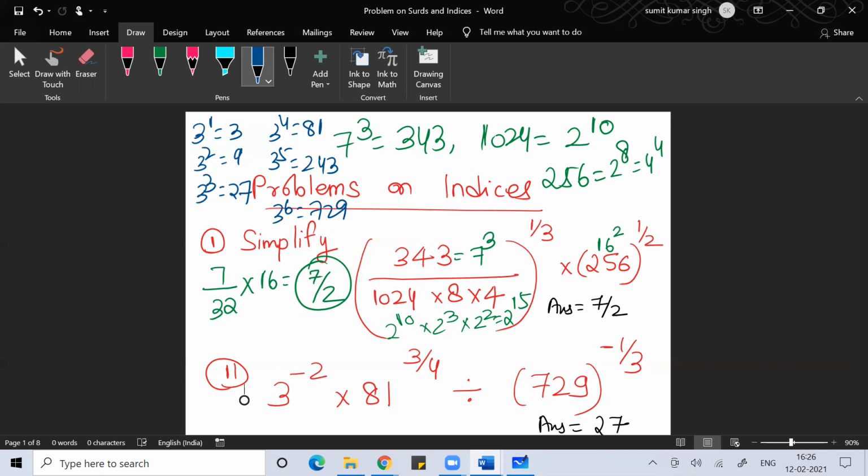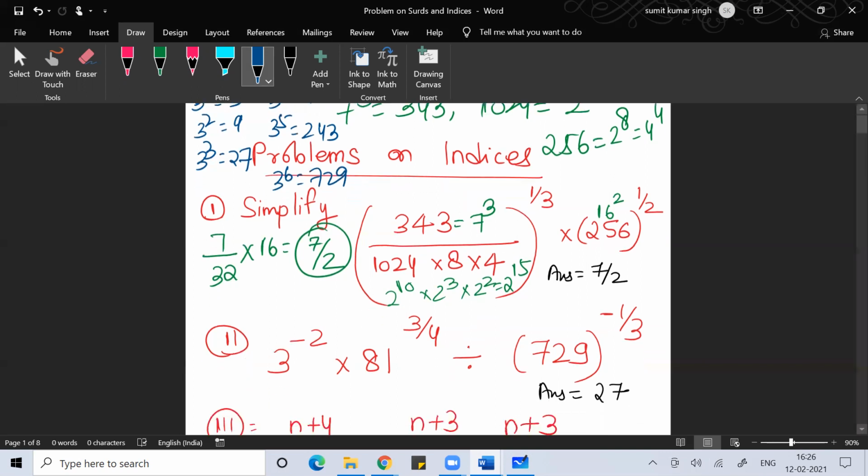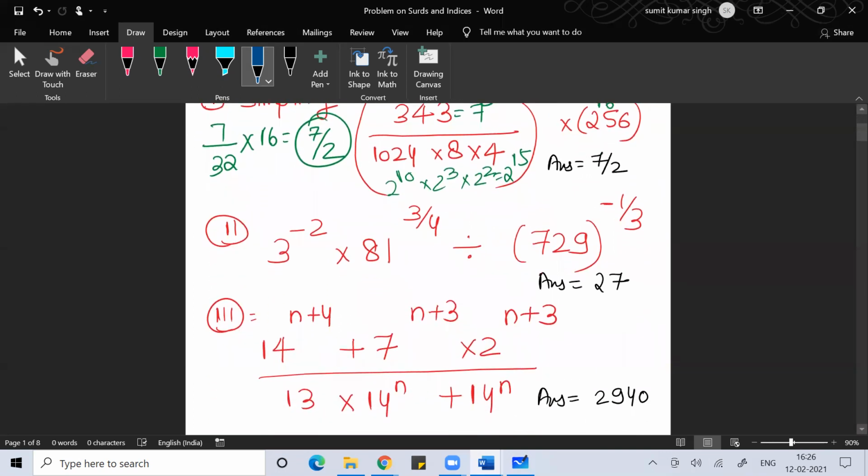Clear everyone? Second one, anyone have any doubt? What about others? Try this question number third.